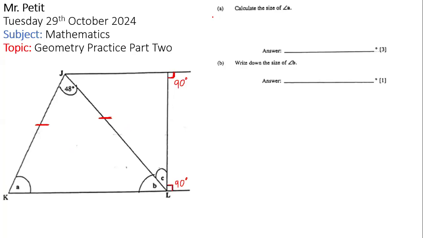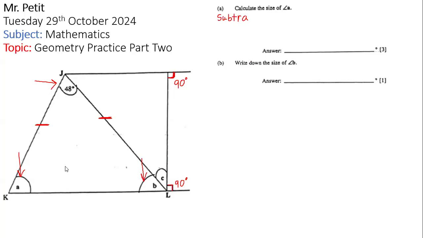He's saying what we have to do is subtract. We know that angles in a triangle add up to what? 180 degrees. So this angle, plus this angle and this angle, all three of them must add up to 180 degrees.